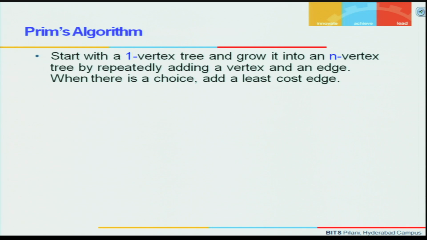And when we have got all n vertices covered in the spanning tree, you can stop the algorithm and say that is the minimum spanning tree. How to select an edge in a step is what we speak of now.